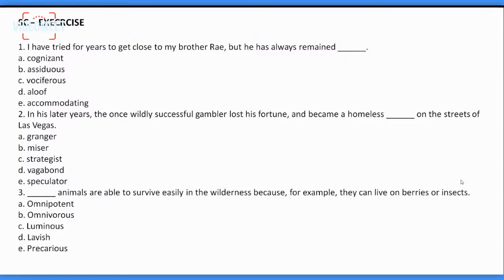Miser means somebody who is stingy, right? We say people who do not spend, or who like to spend very carefully. Maybe our friends are misers, or our siblings, or maybe I myself am a miser.